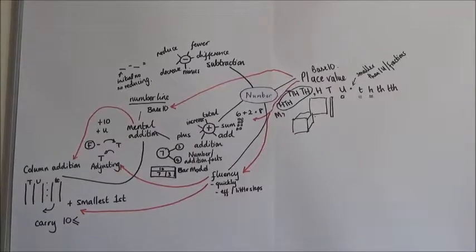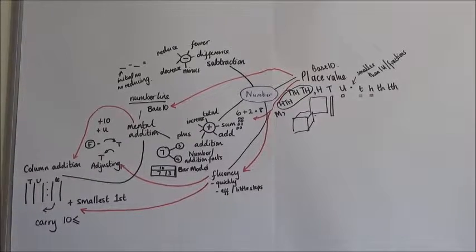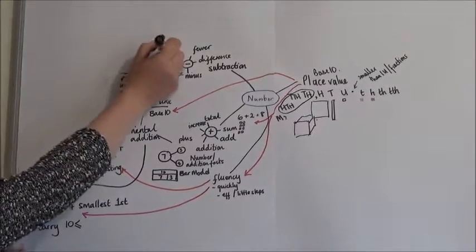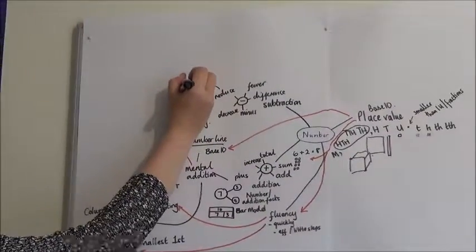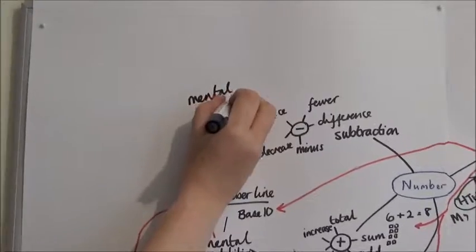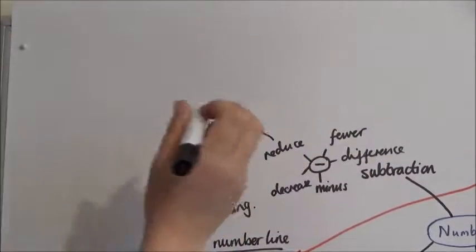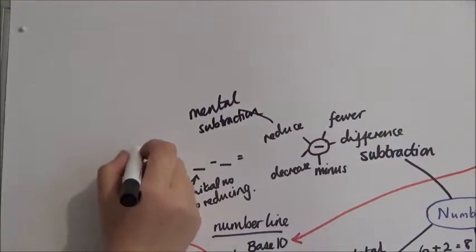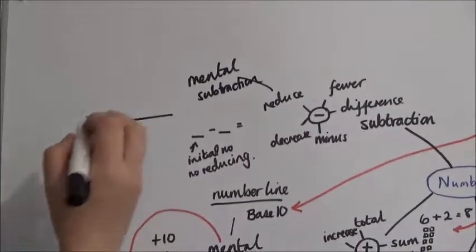So let's put our new learning onto our number mind map. So we were looking at mental subtraction, and we were using a number line, and we were using base 10.